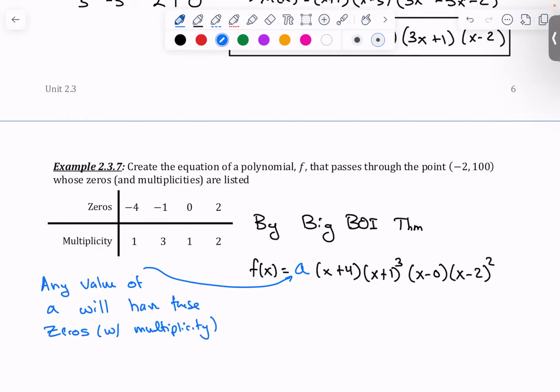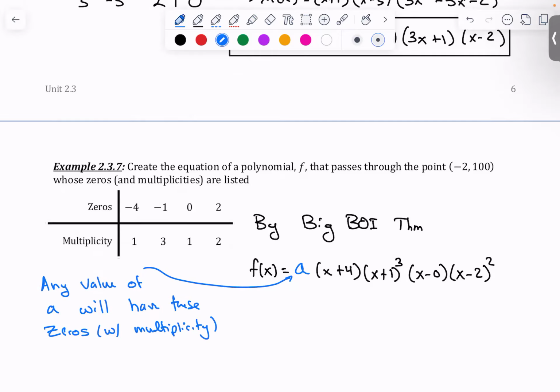So let's write that down, and then I'll explain what I mean. Any value of A, I can put a negative 5 billion, I can put a 2, I can put a pi. I can do whatever I want. And this function will have those zeros to those multiplicities.